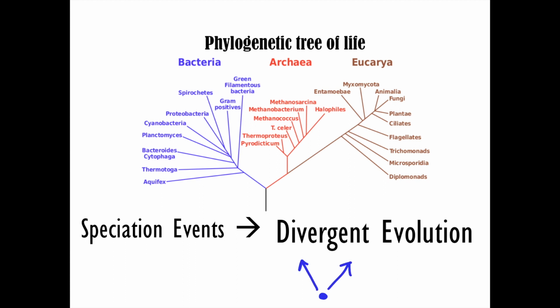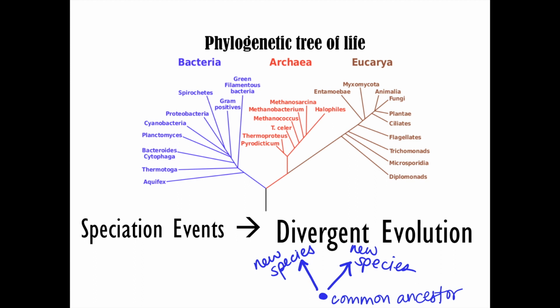So divergent evolution means that through speciation events, a single common ancestor has evolved into two or more different species. Over time, this process has led to the incredible diversity of organisms that we see today on Earth.